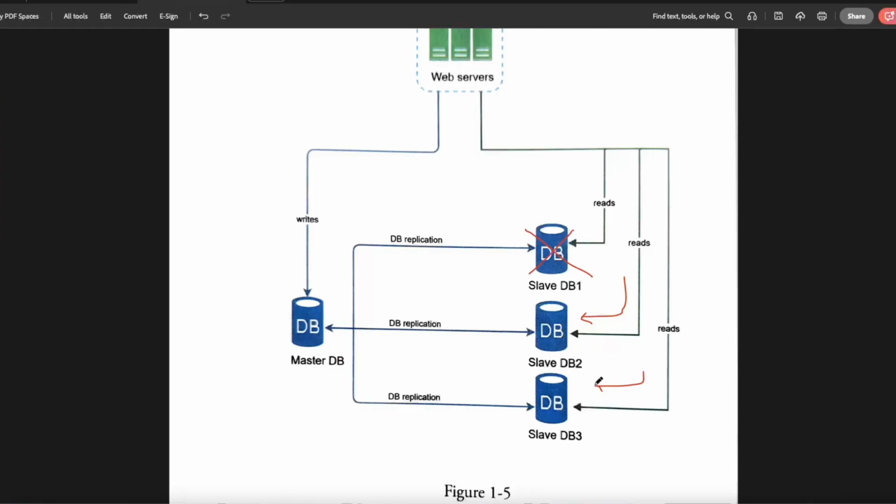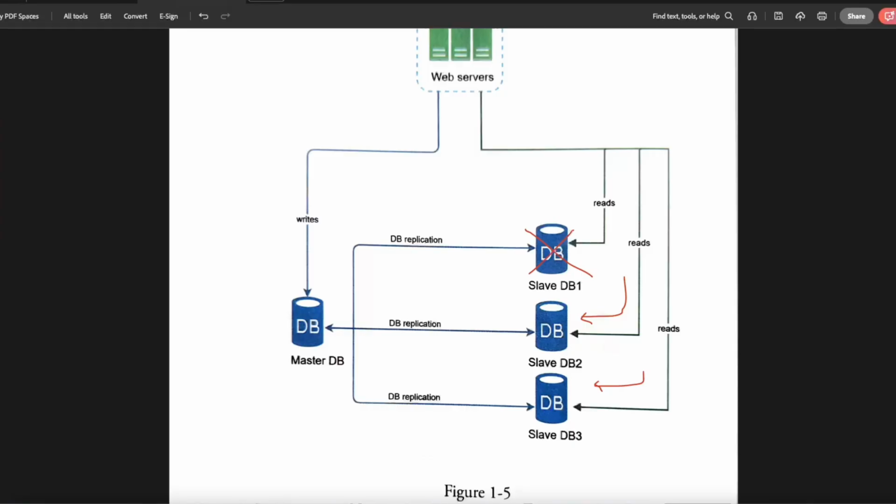So we avoid the single point of failure in this scenario. Then we can slowly replace the failed slave database. If a master database fails, a slave can be promoted to become the new master, and the write operations can be received on that new master. In real production systems, this process is very complex and requires careful data synchronization.